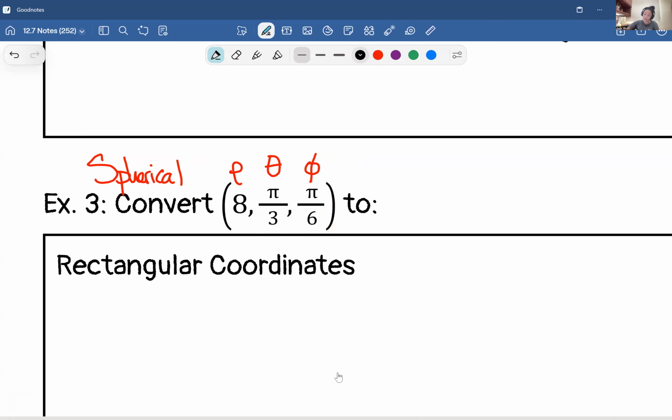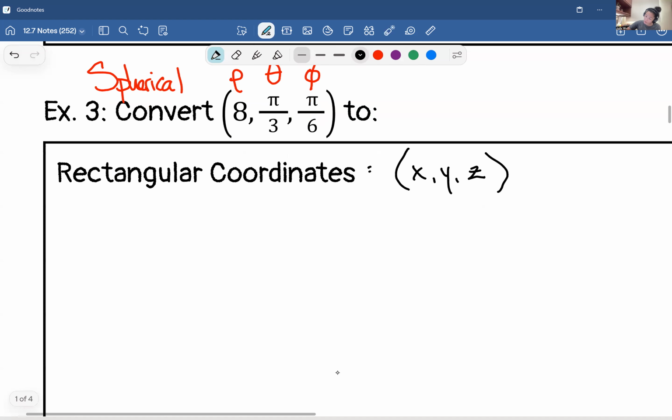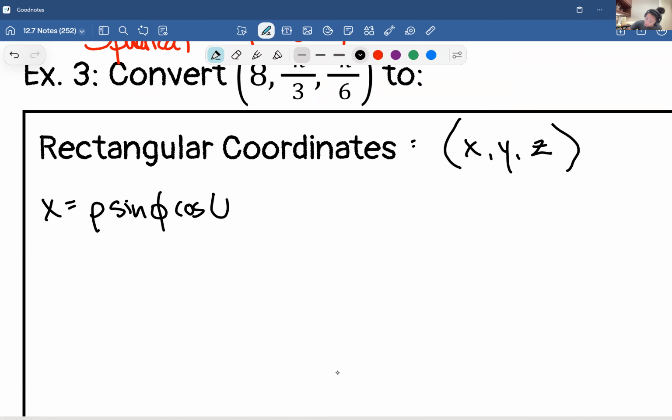Okay? So let's convert. We want our rectangular coordinates, which means we need an x, we need a y, and we need a z. And if we go back to our graphic organizer, we'll find that to find our x value, we need a rho sine of phi cosine of theta.